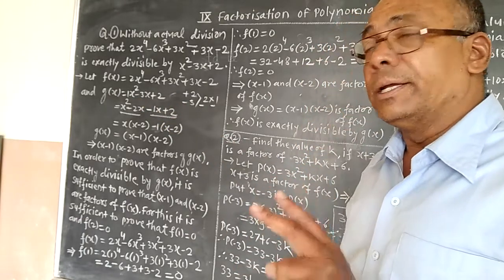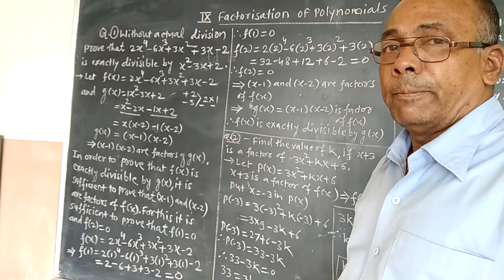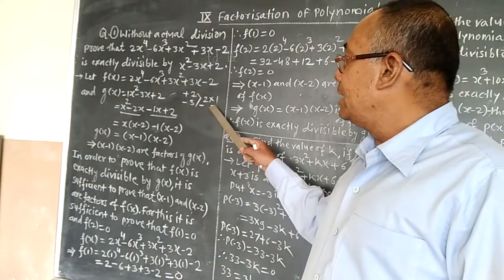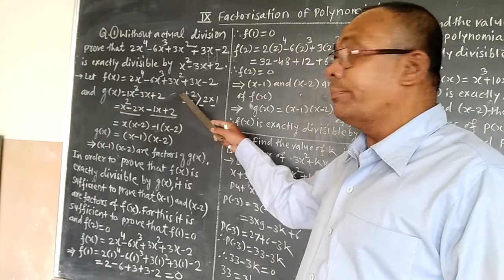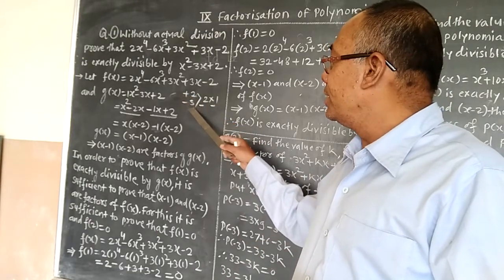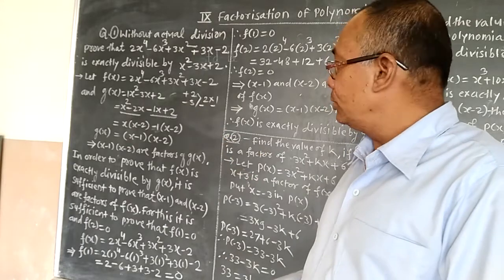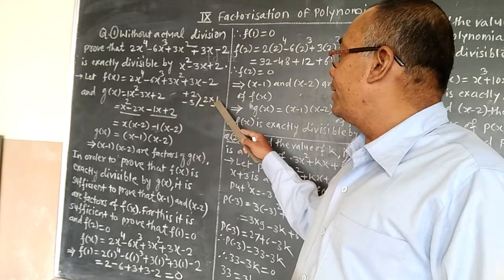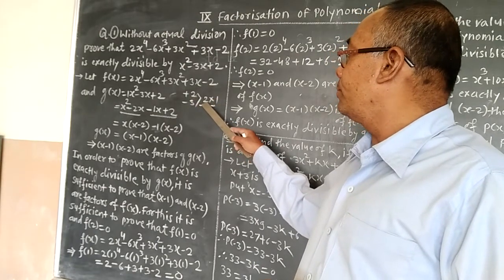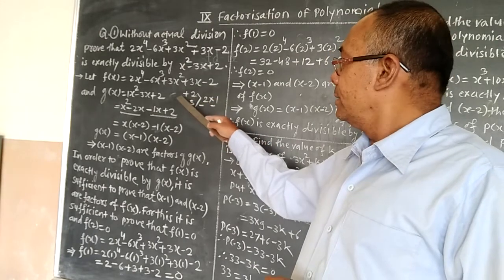We have to find two numbers such that the multiplication of the two numbers is 2 and their addition is 3. So we have selected two numbers, 2 and 1. The product of 2 and 1 is 2 and the addition of 2 and 1 is 3.